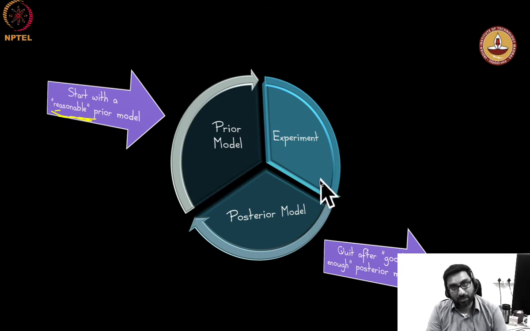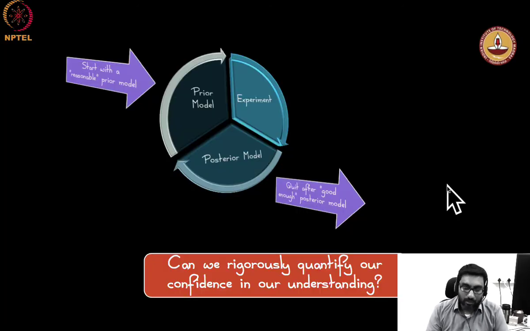When we conduct the experiment again, we get an even more improved posterior model. And with that as our prior, we repeat the experiment, and so on and so forth. At some point, we're going to reach a stable situation where there is not much more improvement, and that indicates that we've reached a good posterior model, and we break out of this loop. This is very typical Bayesian inference in this context.